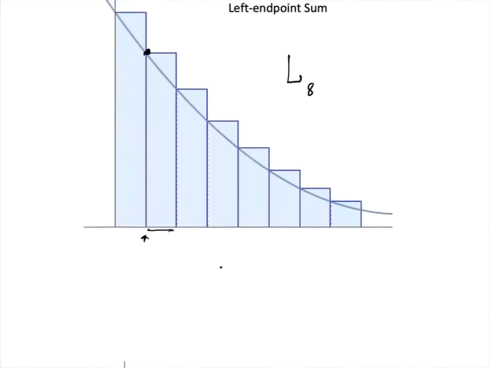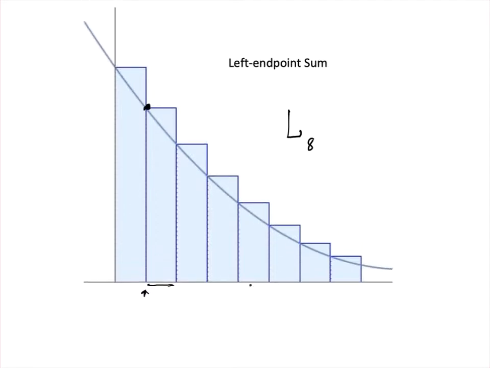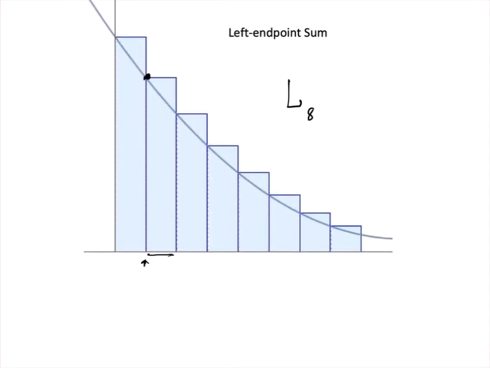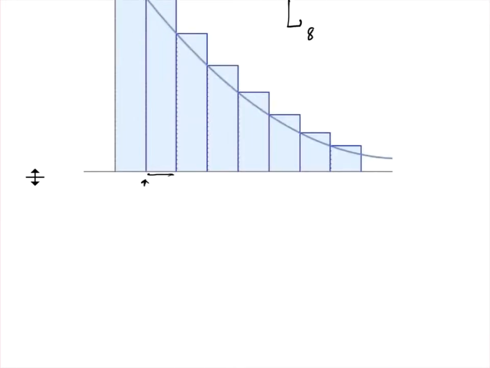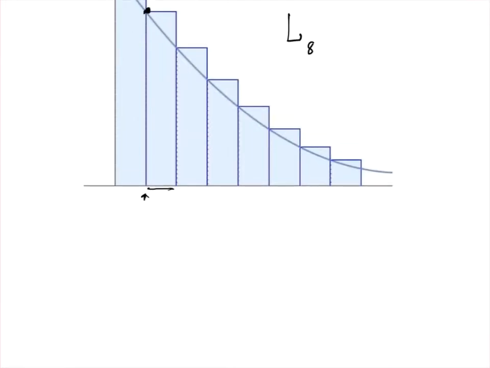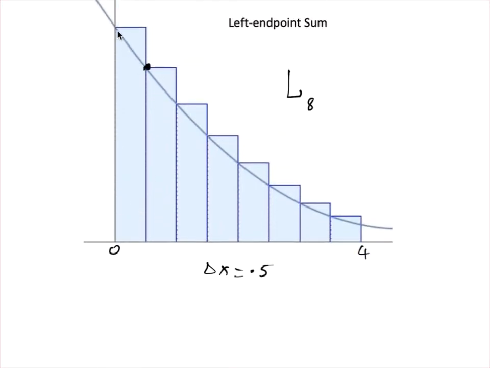Now we're going to do a left sum here. Still the function is the same, and delta x is still 0.5, so the interval is from 0 to 4, so we're evaluating the function at x0 and so on.